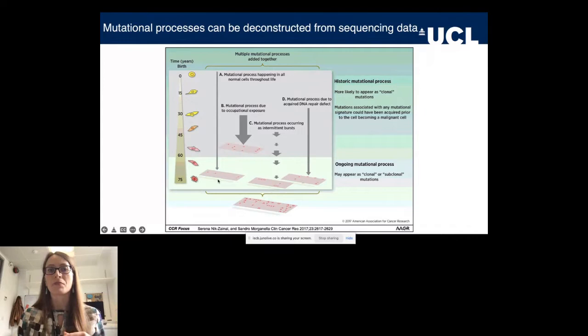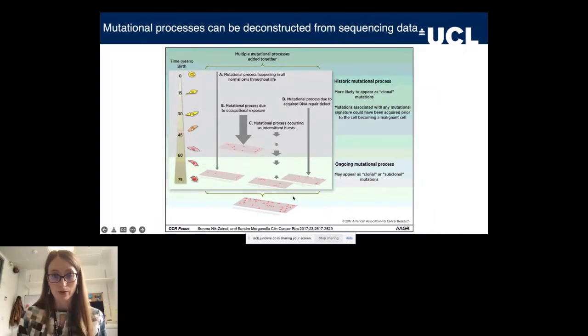So some of them happen throughout our life, such as aging. Some of them are intermittent. So for instance, smoking, maybe an individual was smoking only for a certain amount of time and then they quit, but they can be quite intense. Or intermittent mutational processes. For instance, acid reflux also damages the DNA of cells, and it is an intermittent process.